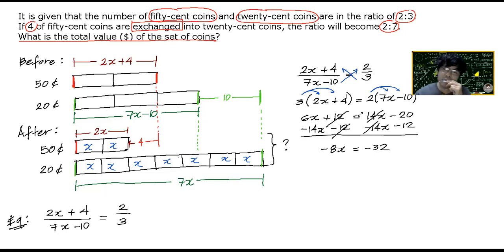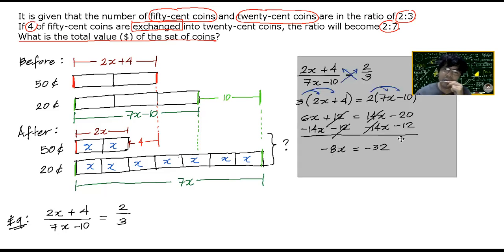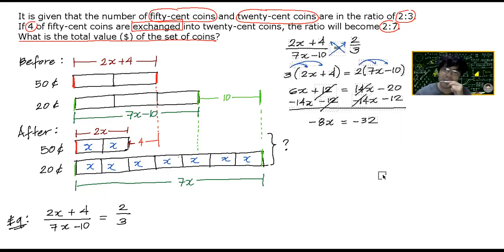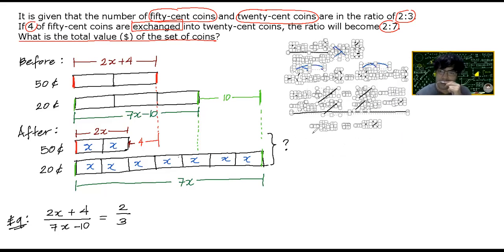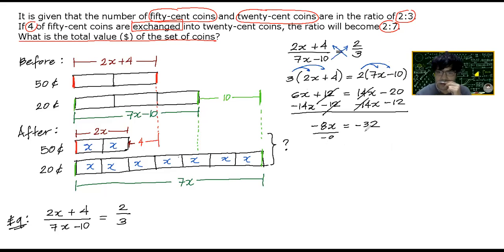We need to divide both sides by negative 8. Dividing negative by negative is positive. It's just like, if you hate hate, it means love. If you really don't like hate, what you like is love. Now, this will become x equals positive 4.